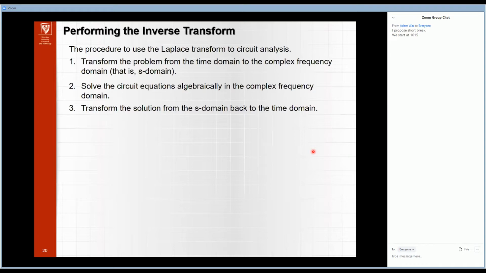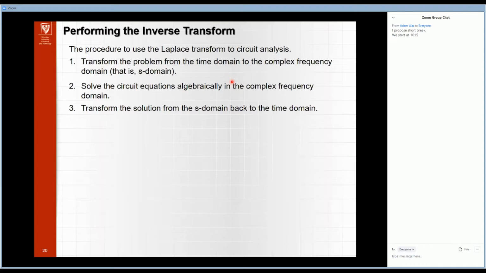Okay, so inverse transformation. The procedure to use the Laplace transformation for circuit analysis is given below, and I told you about it, but we can summarize. So first step, we transform the problem from the time domain to the complex frequency domain. So it means the s domain.